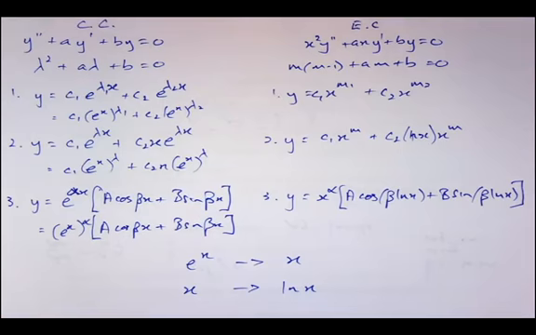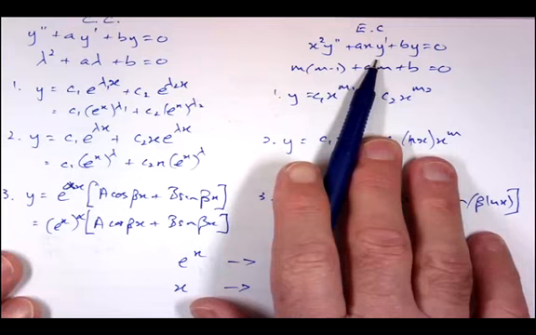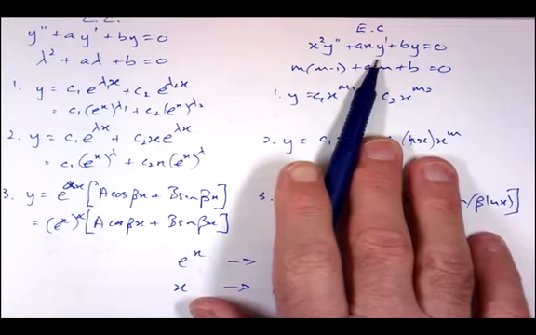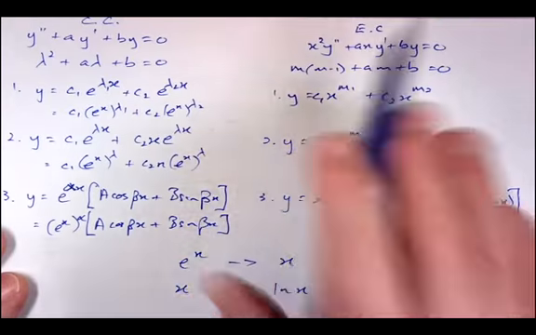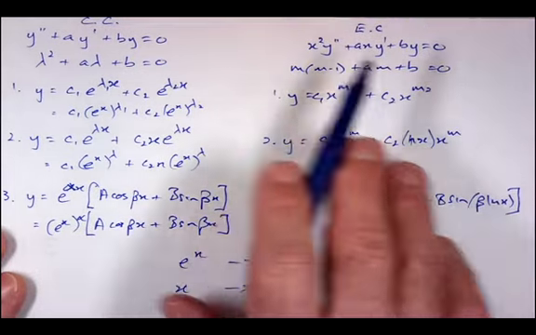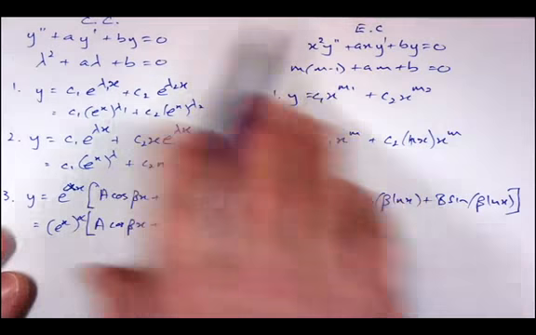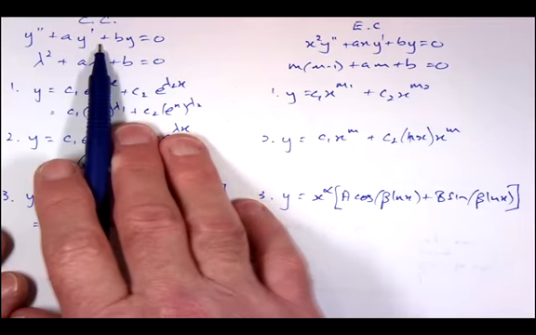The real underlying reason why this happens is that if you start with an Euler-Cauchy equation, you can actually use a substitution, just like you do a substitution in an integral. If the substitution is x goes to e to the x, then that will transform any Euler-Cauchy equation into a constant coefficient equation. So that's the real underlying reason.